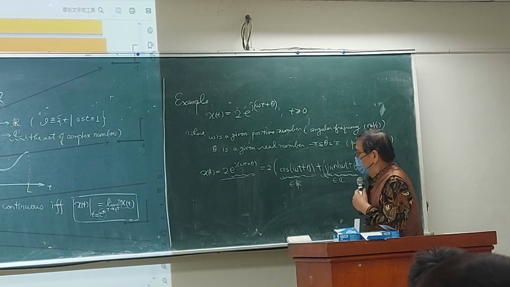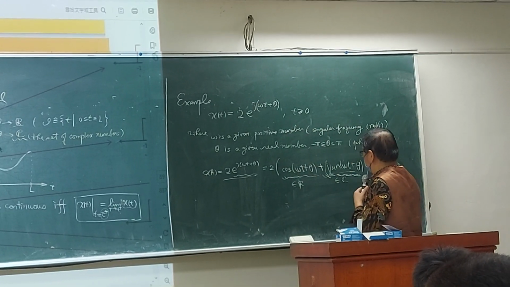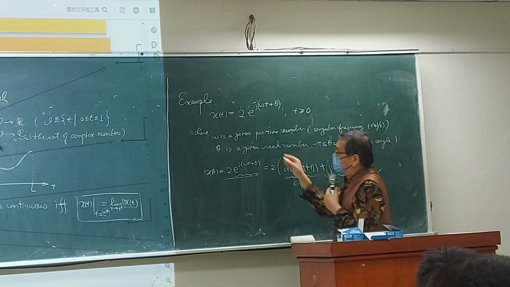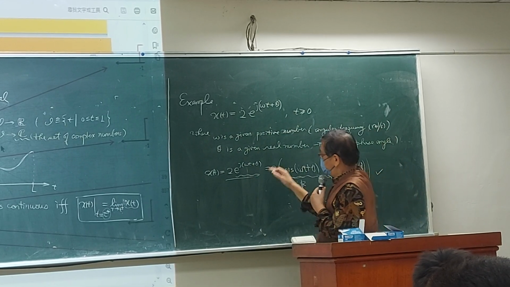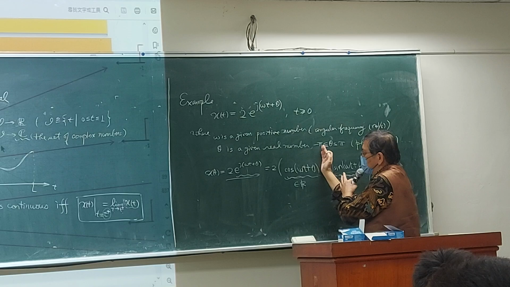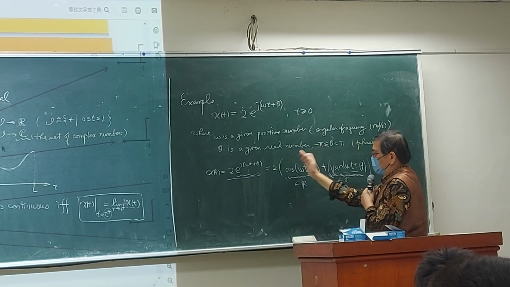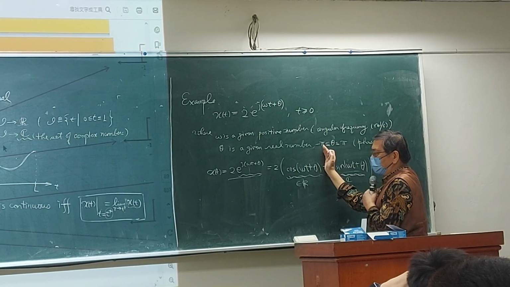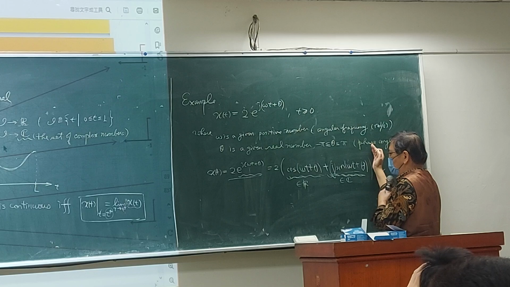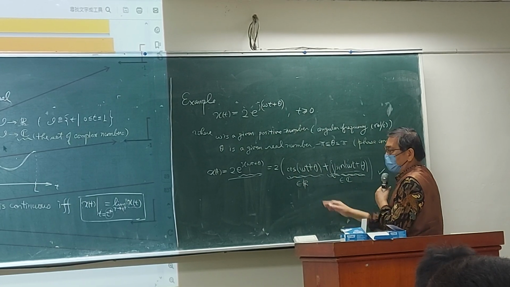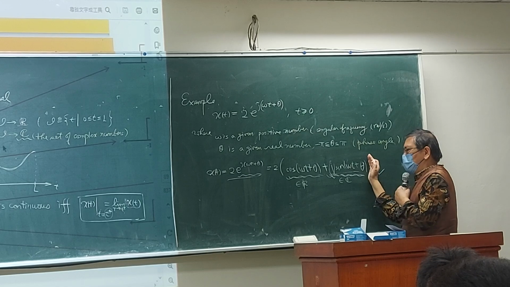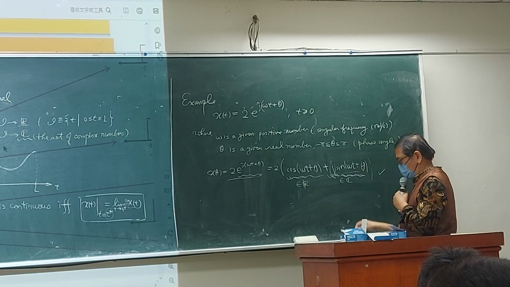So a continuous signal can be a pure real function, but it can also be a complex number as well, which includes both a real function and an imaginary function. Okay?